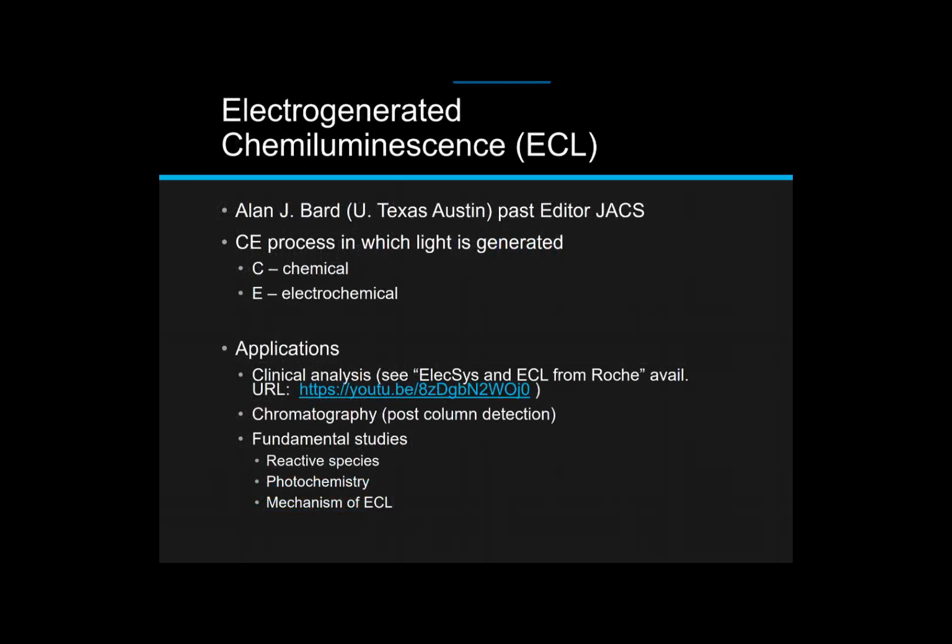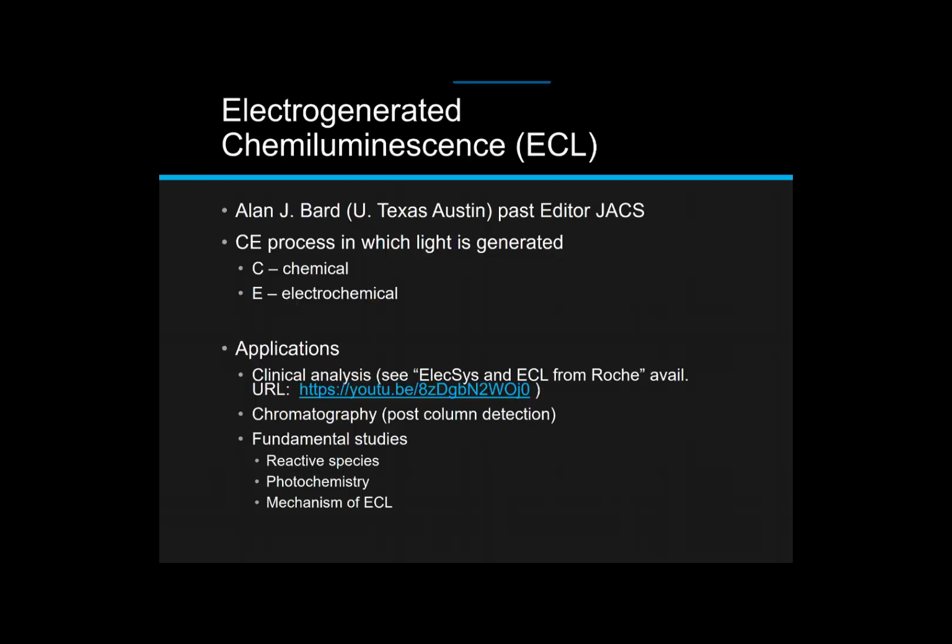Still another important analytical technique that's been developed and is now used commercially quite widely is called electrogenerated chemiluminescence, or ECL. This technique is an example of a so-called spectro-electrochemical technique. It represents the marriage of spectroscopy and electrochemistry.